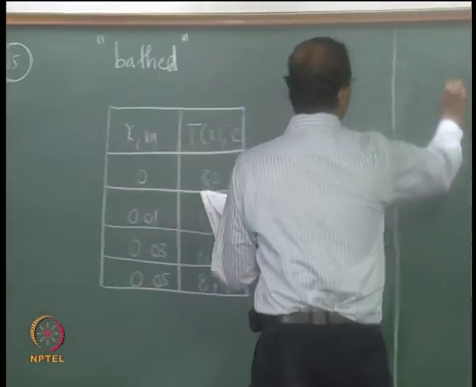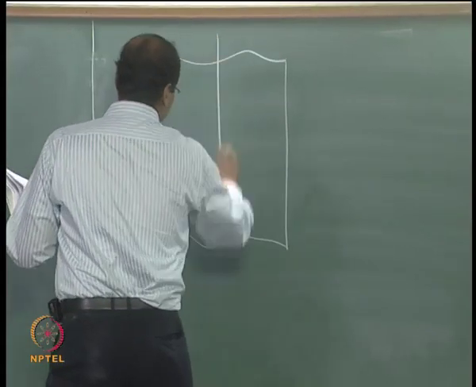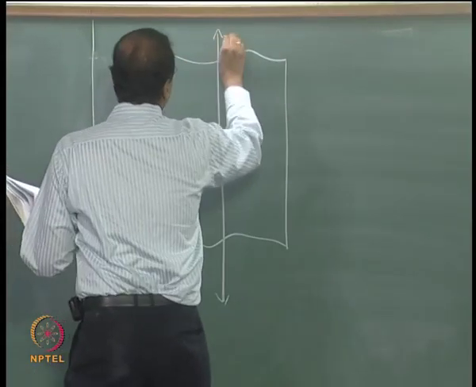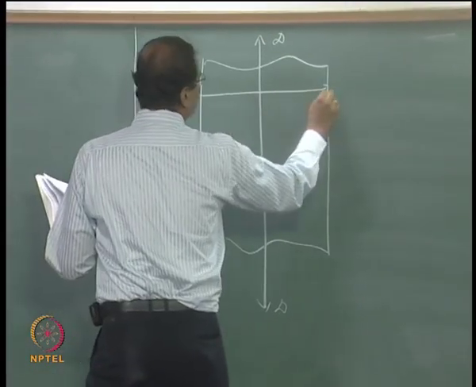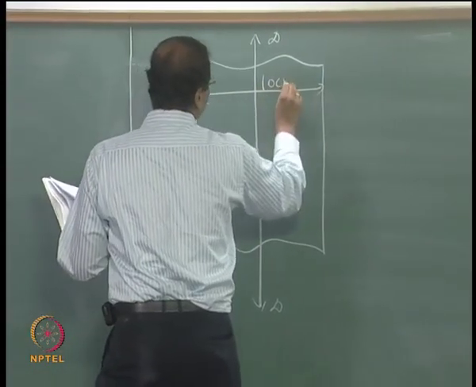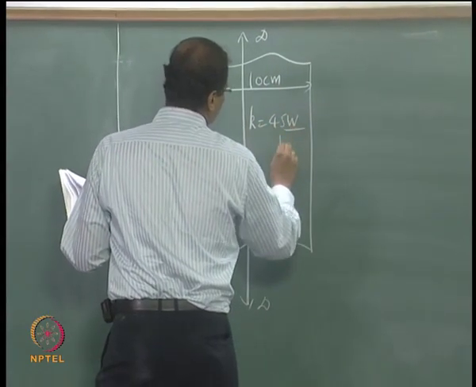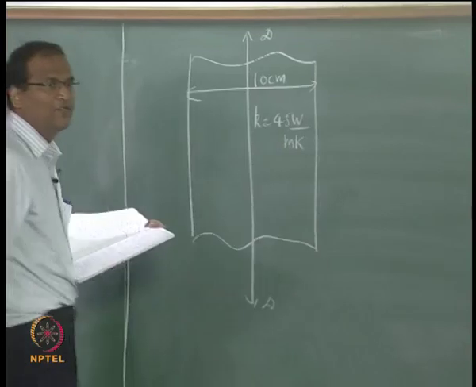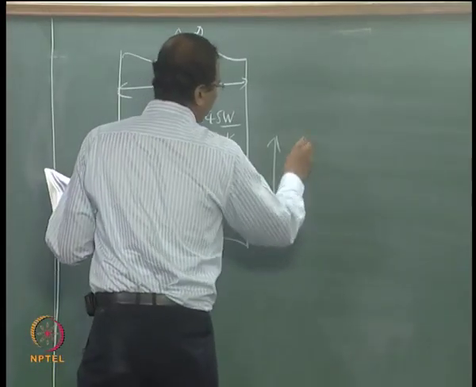Okay. So this is the wall. So the thickness is 10 centimeter. K is 45 watt per meter per Kelvin. So on both sides it is bathed by a cold fluid.